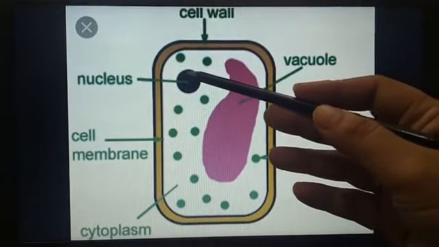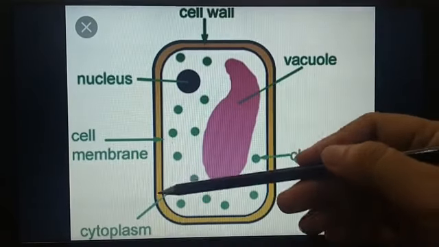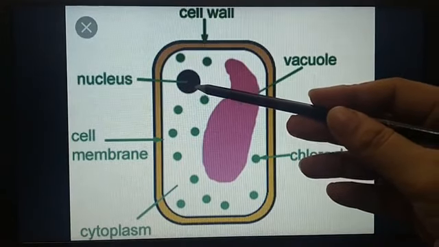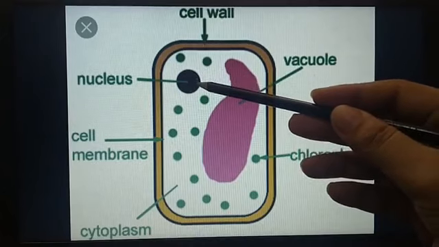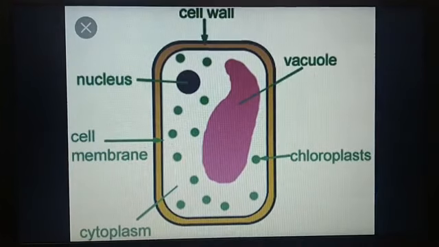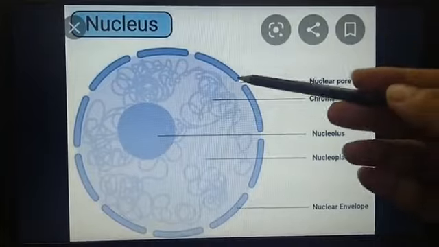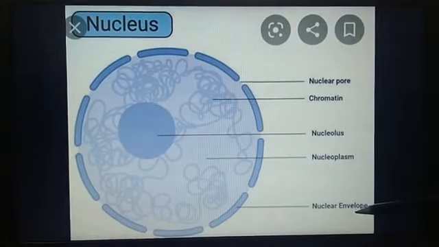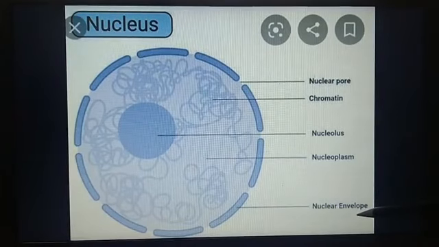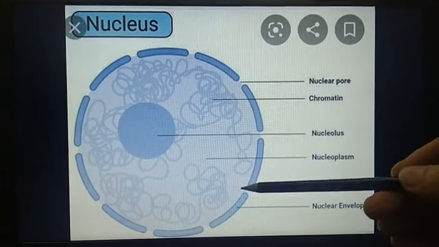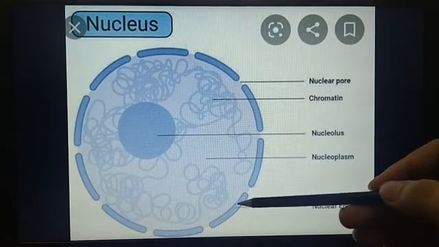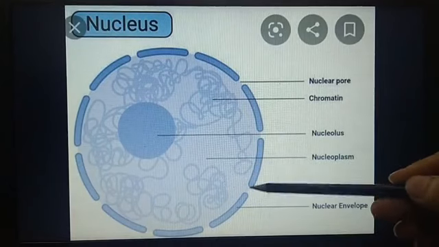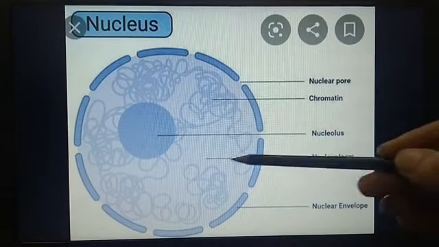Nucleus is a small mass present at the center of the cytoplasm. Nucleus is a membrane-bound organelle that contains genetic material. It is surrounded by a membrane called the nuclear membrane or nuclear envelope.